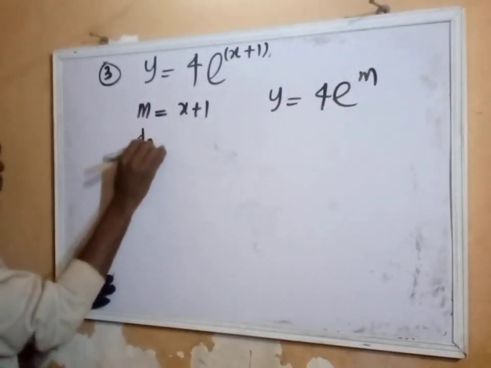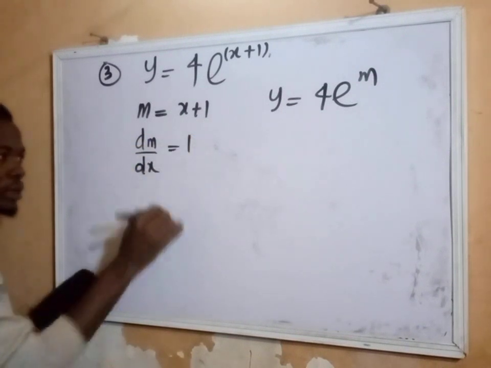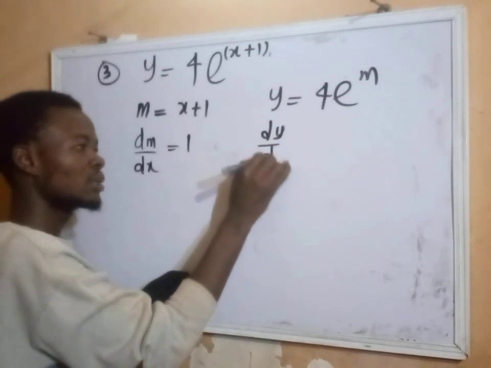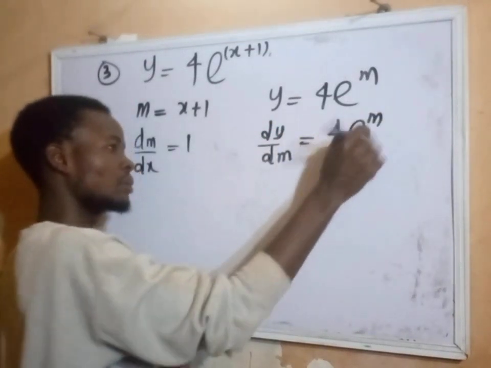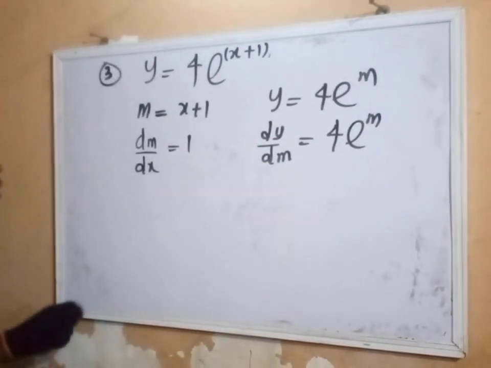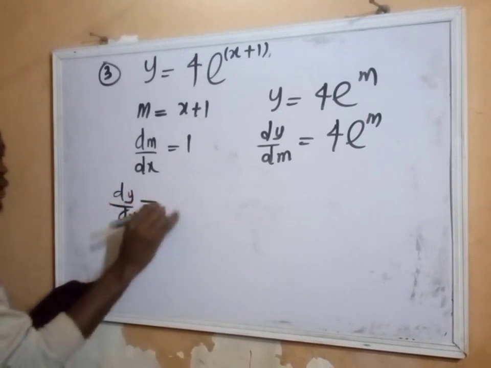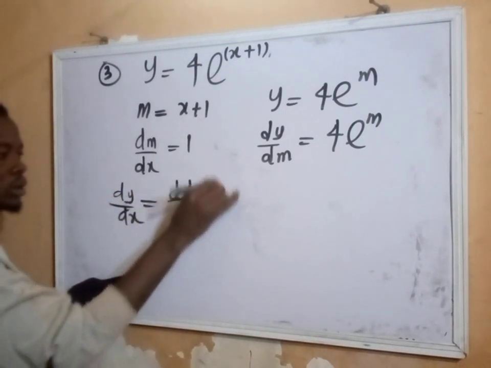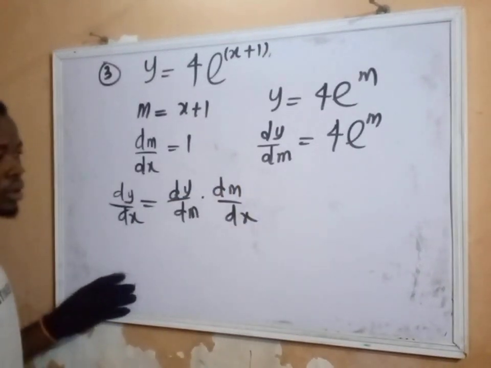The dm divided by the dx equals 1, right? The dy divided by the dm equals 4 exponential of m. This still remains the same. So to obtain dy divided by dx equals dy divided by dm dot dm divided by dx.